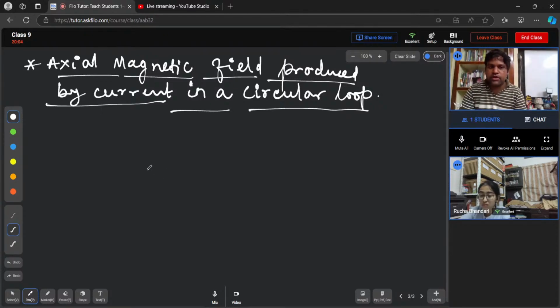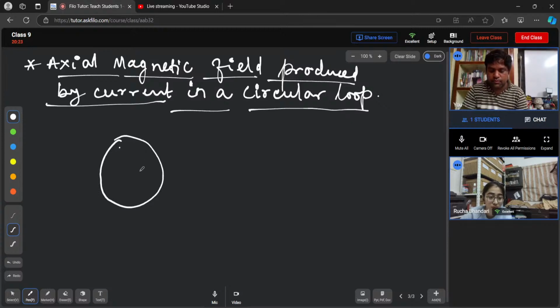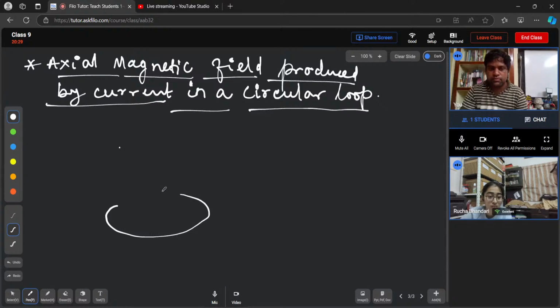So what is circular current in a circle? We have discussed straight conductor, right? So here what we'll do, we'll take a circular loop. Let's say this is a circular loop, and the current is in this direction.